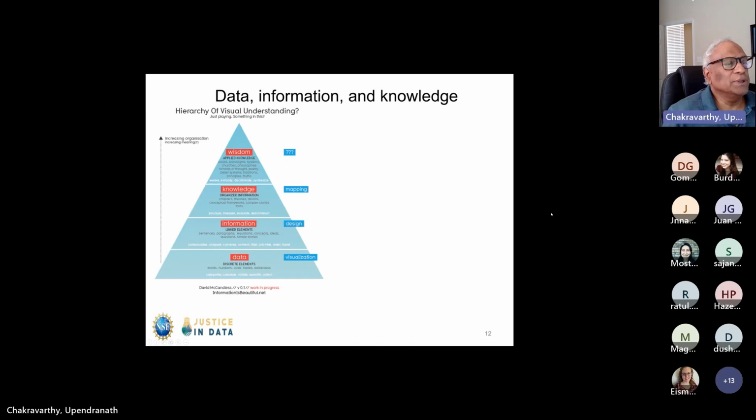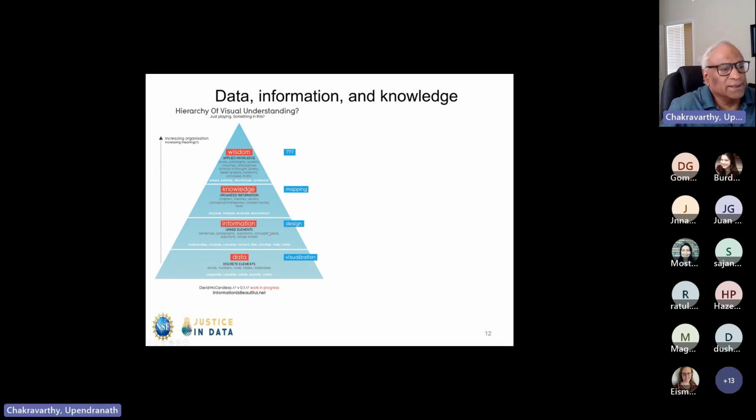So what is data, information, and knowledge? This is an old diagram again, which classifies it into a hierarchy, which is a pretty good organization, in my opinion. You have data at the lowest level that you collect. We also call it raw data. Then you have information, where you have some additional information on data.